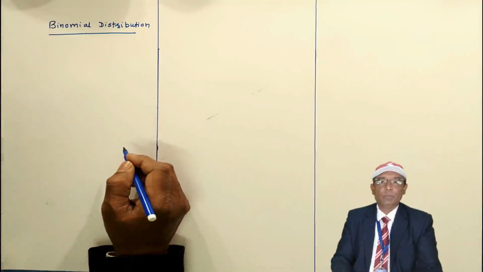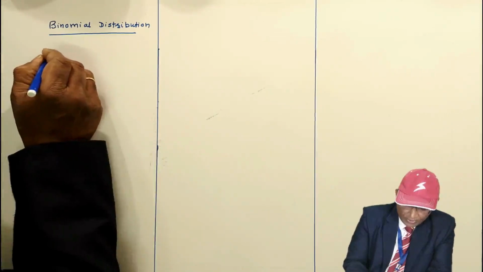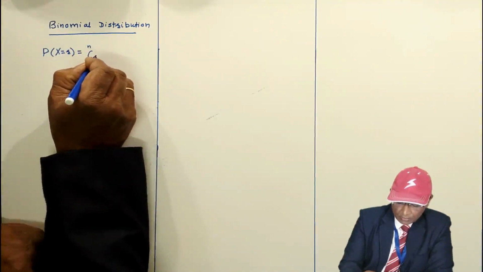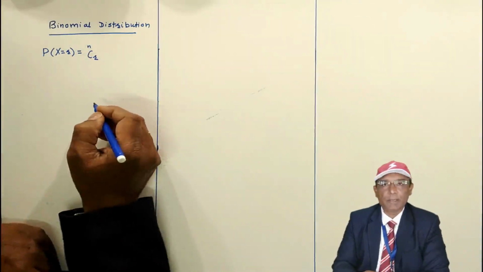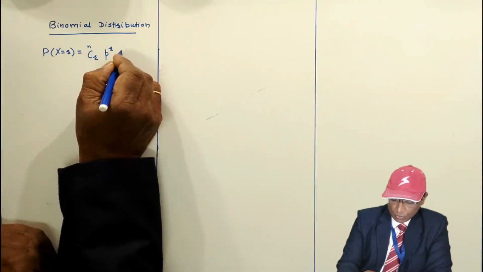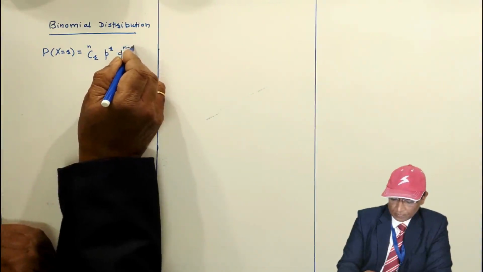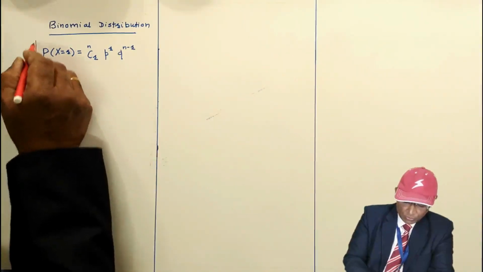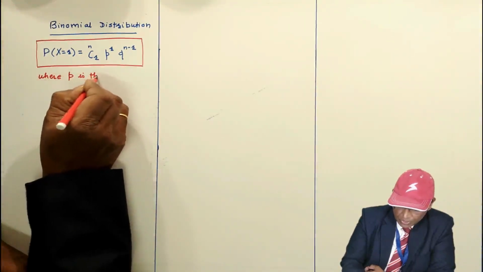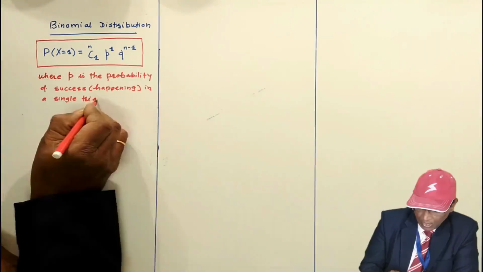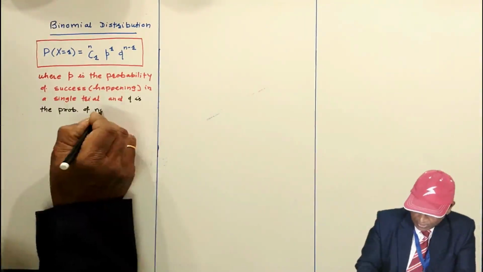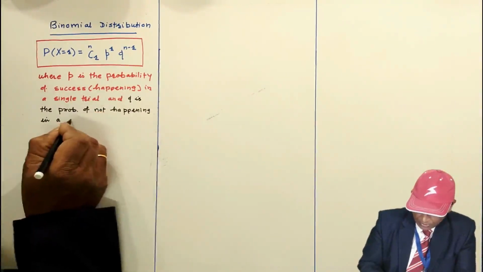In binomial distribution, the probability of the random variable is nCR, in short, p to the power R and q to the power n minus R. This is the binomial distribution, where p is the probability of success in each trial and q is the probability of not happening in a single trial.